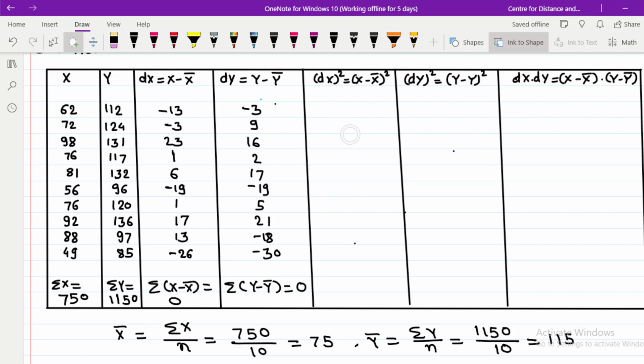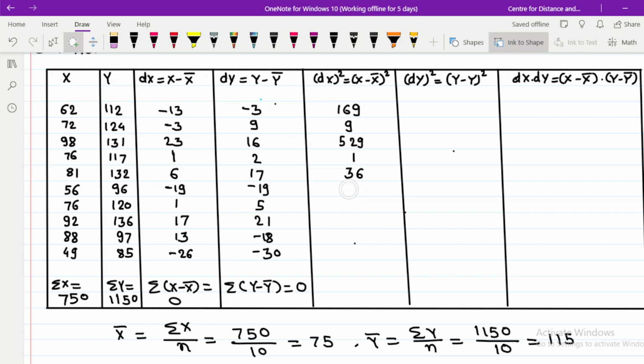Then in the next column we have to calculate dx square, that is x minus x bar bracket square. The first x minus x bar is minus 13. Minus 13 bracket square is plus 169. Then minus 3 square is 9. 23 square is 529. 1 square is 1. 6 square is 36.